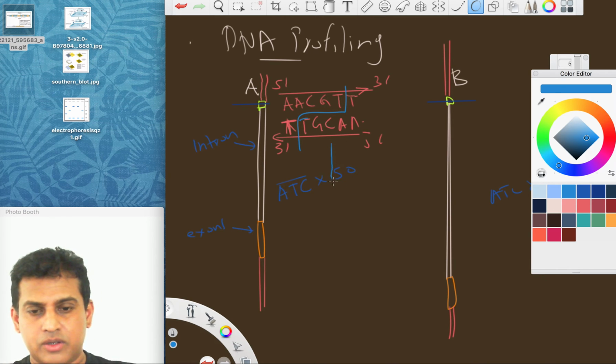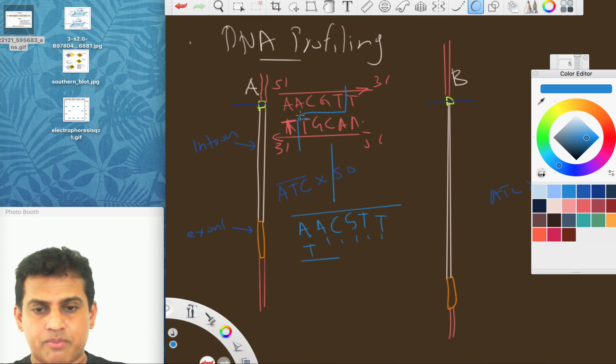Here I can show you it's A, C, G, T, T, and this site is a T here. Hydrogen bonds are broken in between, so they are ready for binding with another molecule. These hydrogen bonds are open, so I call them sticky ends.